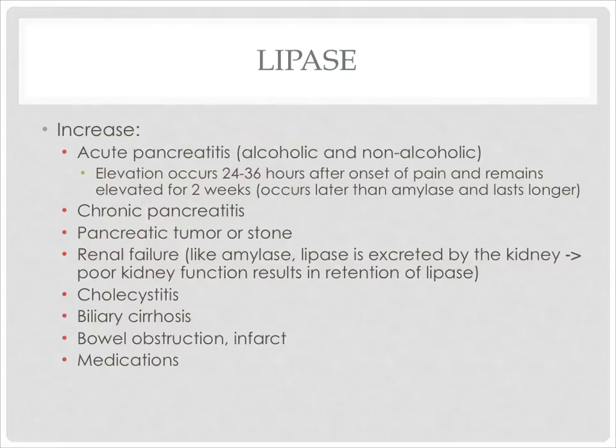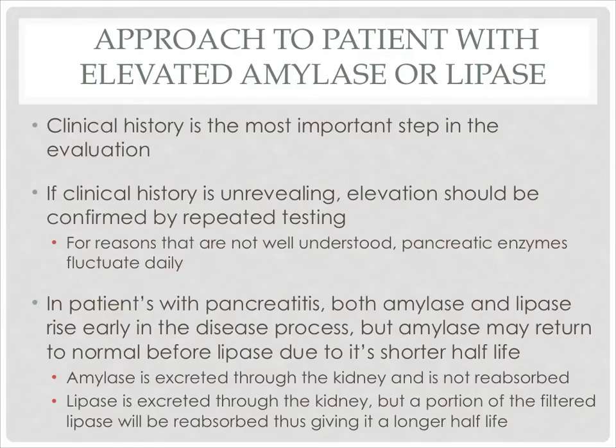All right, so you've done some labs on a patient, and you found that they have an elevated amylase and lipase. So now what do you do? Well, go back to your history and your physical examination and see if you can isolate maybe the reason why these are elevated. And if the history and the exam are not helpful, then perhaps what you should do is just repeat the test.